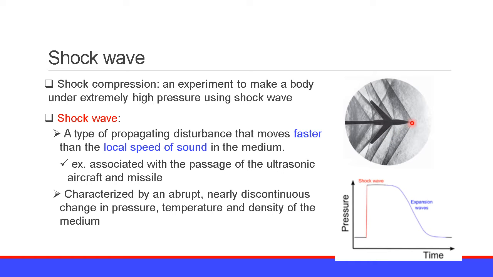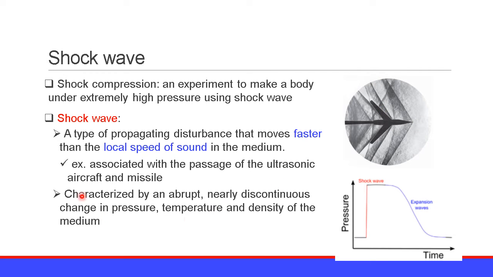At the top of the aircraft or top of the wing of the aircraft, because the velocity of the movement of these part is faster than the speed of the sound of the air, it produces a shock wave like this.